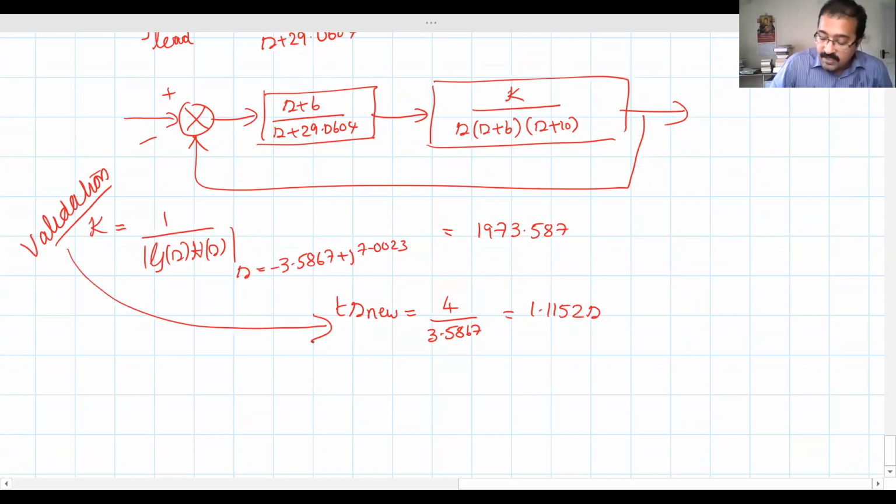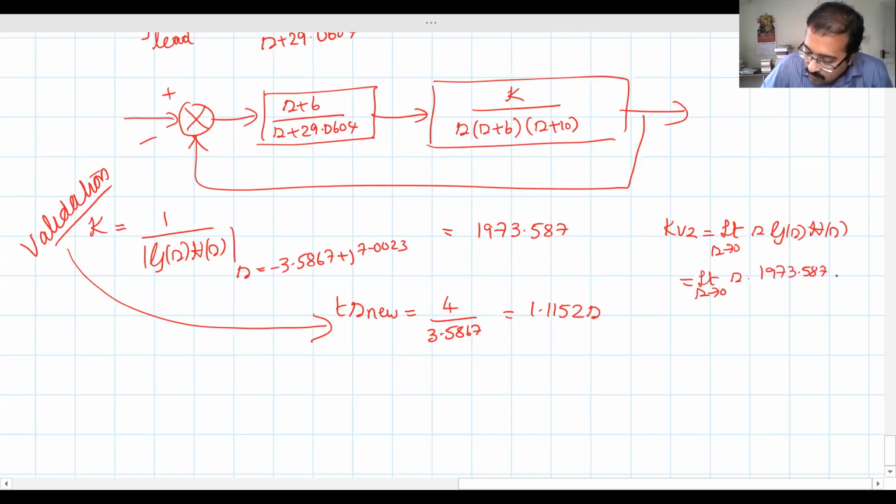Now, what will be the steady state error, Kv2, for the lead compensated system? Kv2 will be the limit as S tends to 0 of S into G(s)H(s), that means S into K, which is 1973.587, into S plus 6 divided by S plus 29.0604 into S plus 6 into S plus 10.